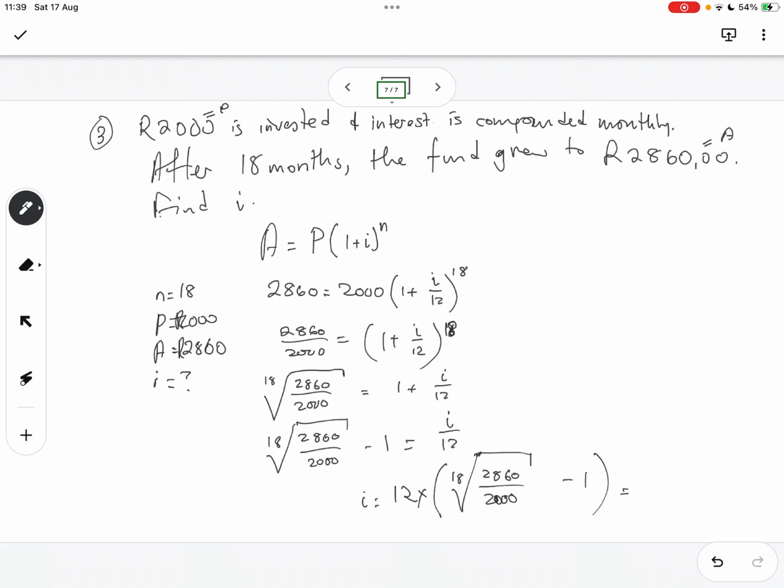This minus 1 is outside of the root sign. It's outside of it.